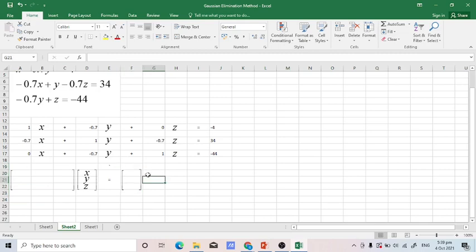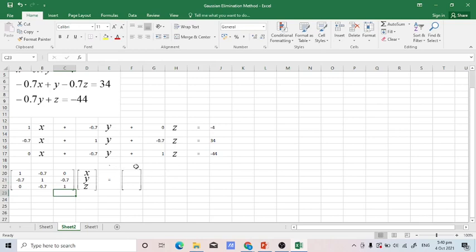Kung gagawin natin siya matrix equation, equal to dito, equal to dito, tapos ganun din, equal to 0, equal to negative 0.7, equal to 1.